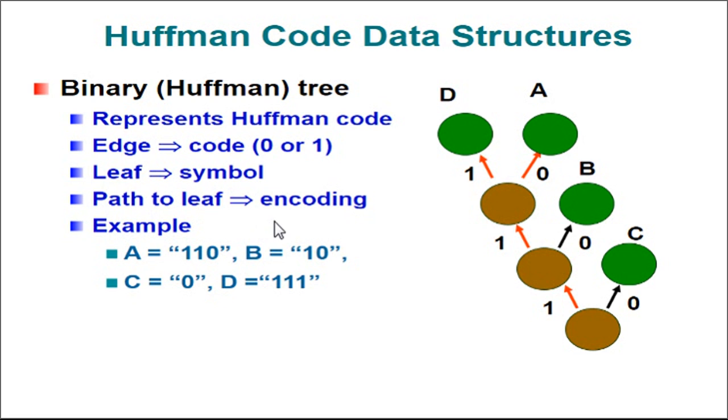The path to the leaf actually gives us the encoding. For example, if we consider these 4 symbols A, B, C, D, then maybe we get this encoding for these 4 symbols: A is represented as 110, B by 10, C by 0 and D by 111.